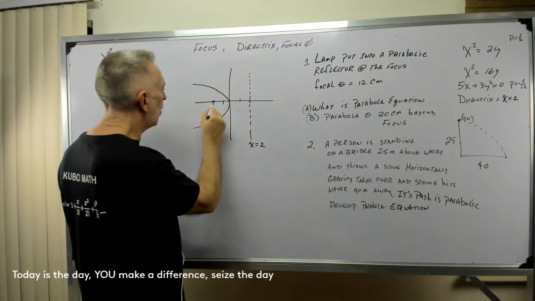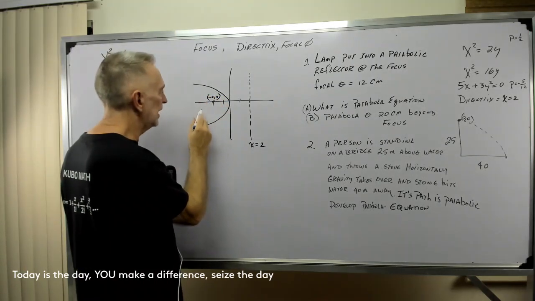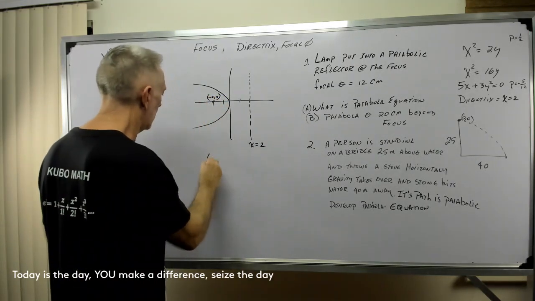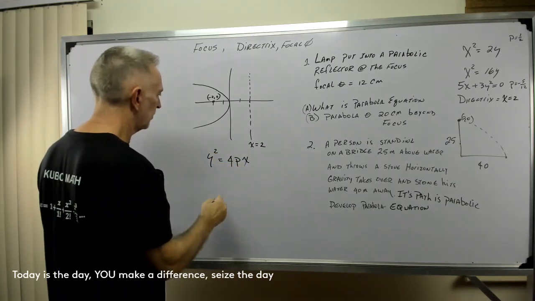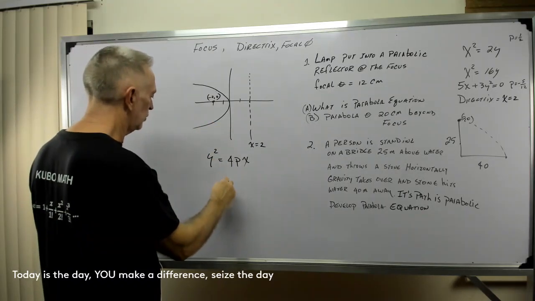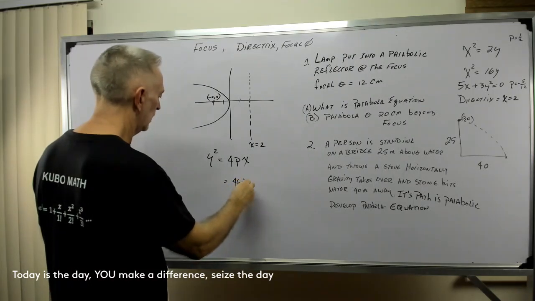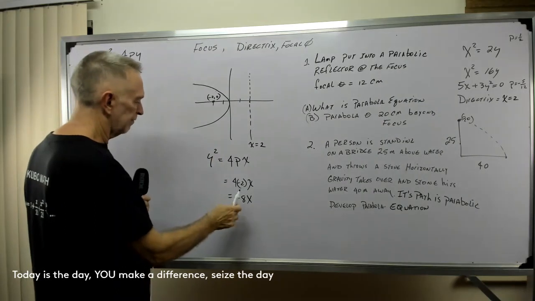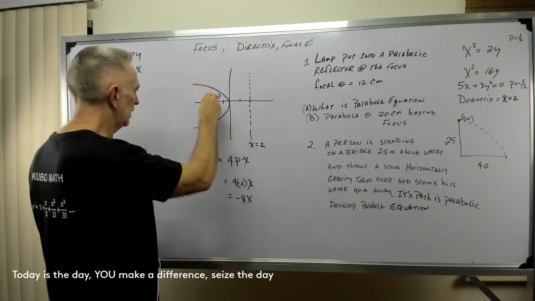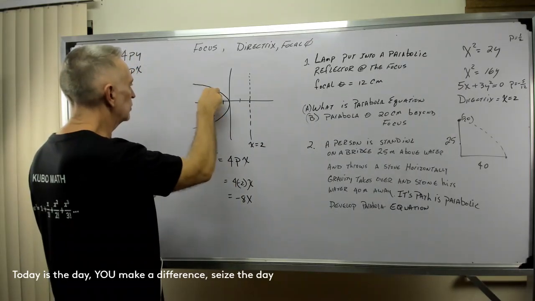So I'm at the point x equals -2, 0. So p equals -2. So we have y squared equals 4px. But p is -2. 4 times -2 x. So this equals -8x. So what's my focal diameter? It's 8. That's the absolute value of that number. So it's 8 units across here.